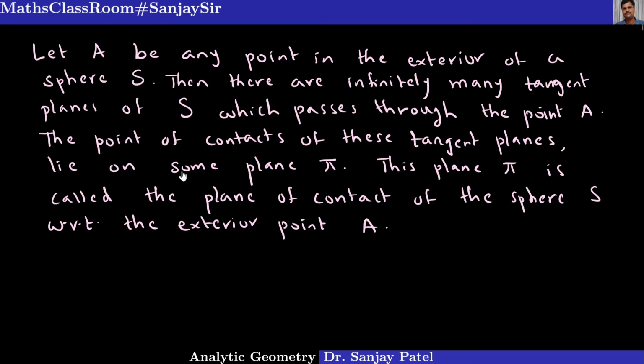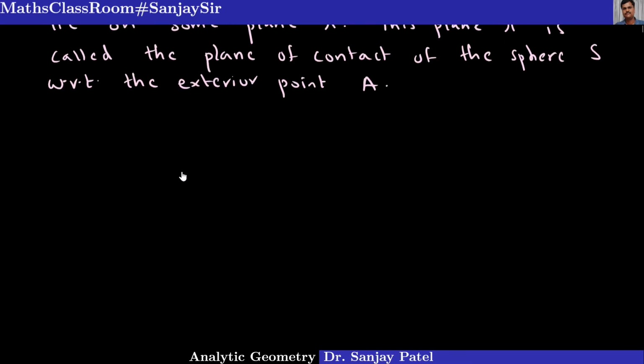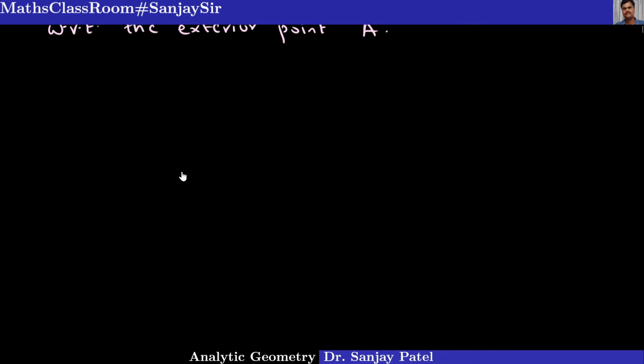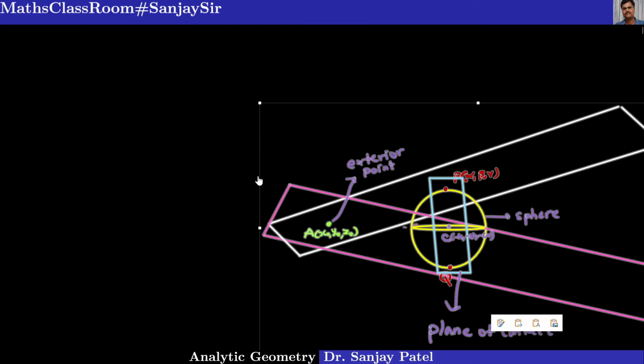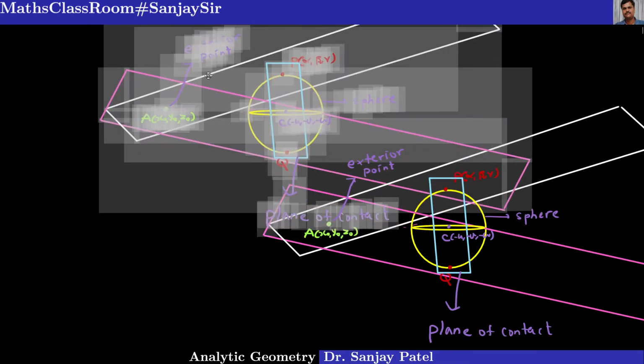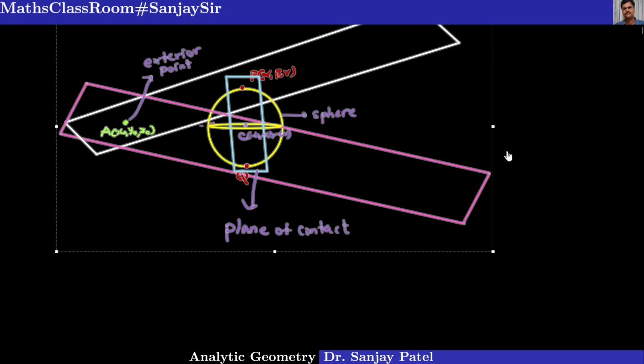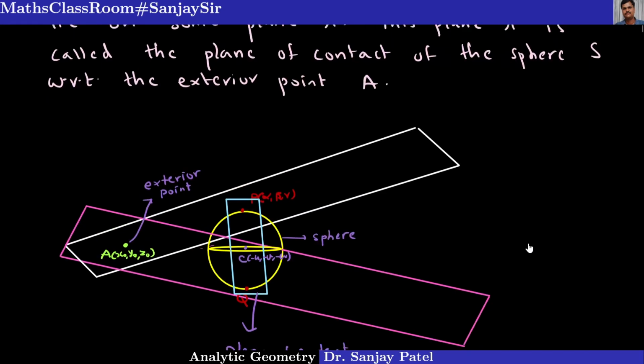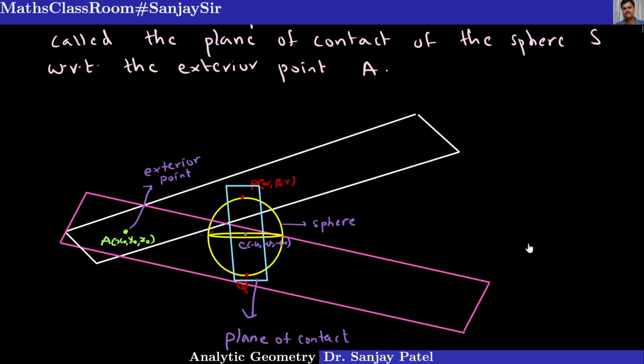Okay, to understand this let me now give you a nice simple figure. I already made it. So this is the figure. A sphere is given, and this A (x0, y0, z0) is in the exterior of the sphere.